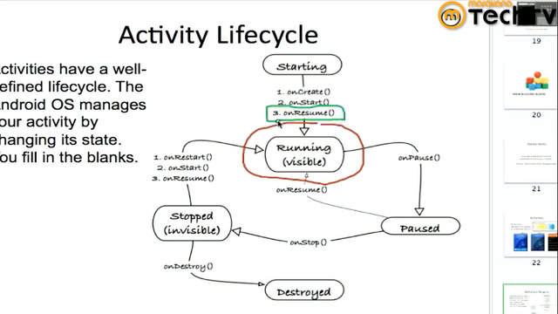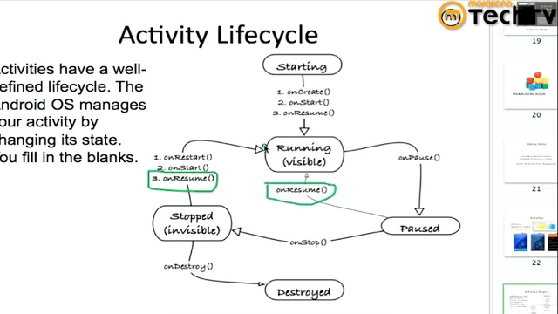Because all the roads into running lead through on resume, right? And let's unregister in on pause, because all the roads out of running lead through on pause, right? So that's how I would accomplish that thing.